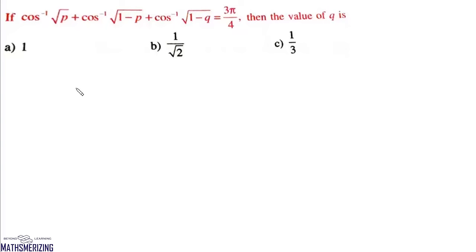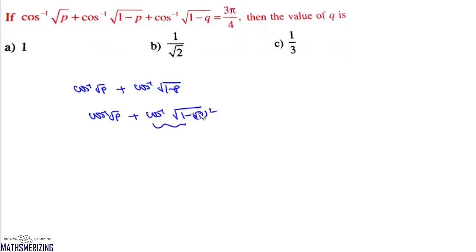Now if we look at cos inverse under root p and cos inverse under root of 1 minus p, we can write cos inverse of under root 1 minus p as cos inverse of under root of 1 minus p square. Now we know that cos inverse of under root of 1 minus x square is nothing but sine inverse.